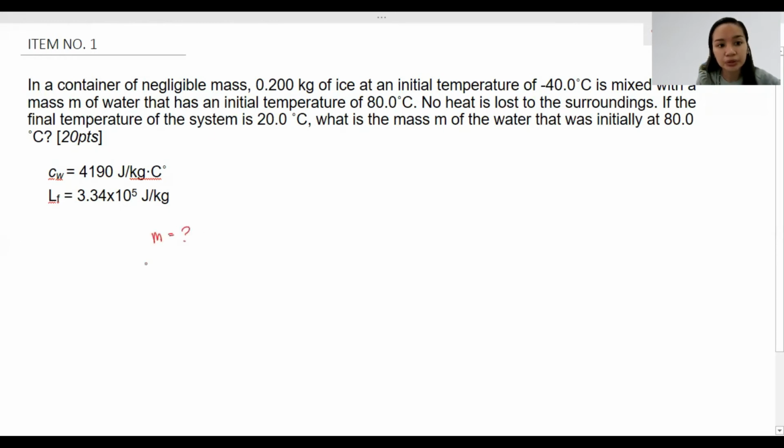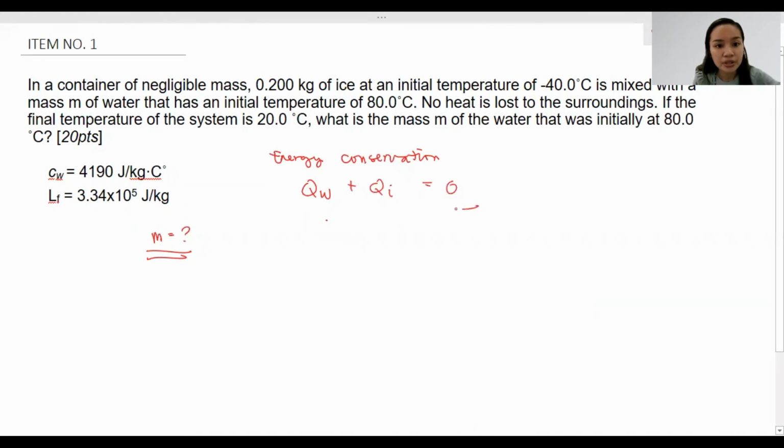Dun sa example na binigay ko, yung hinanap natin doon is the initial temperature. Now here you're going to look for mass. You will also use the conservation of energy dito, where you will have the heat for water plus heat for ice is equal to 0.